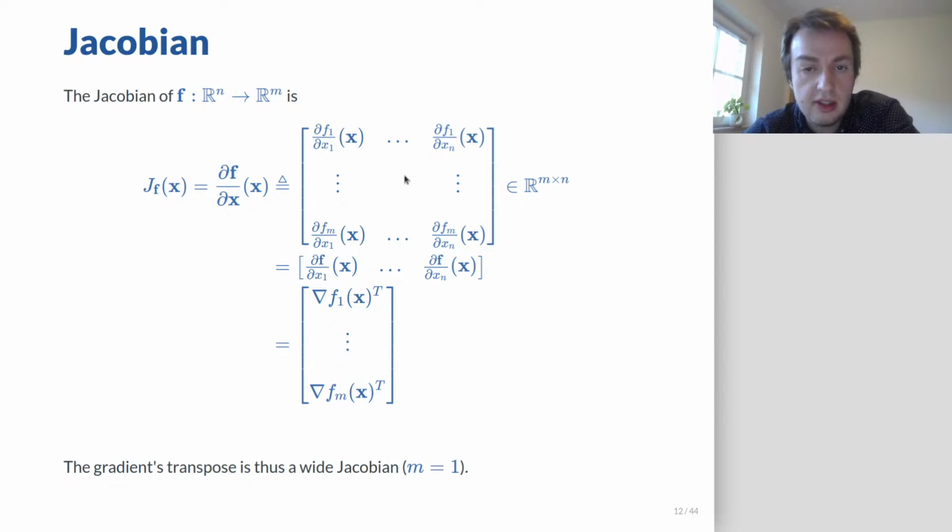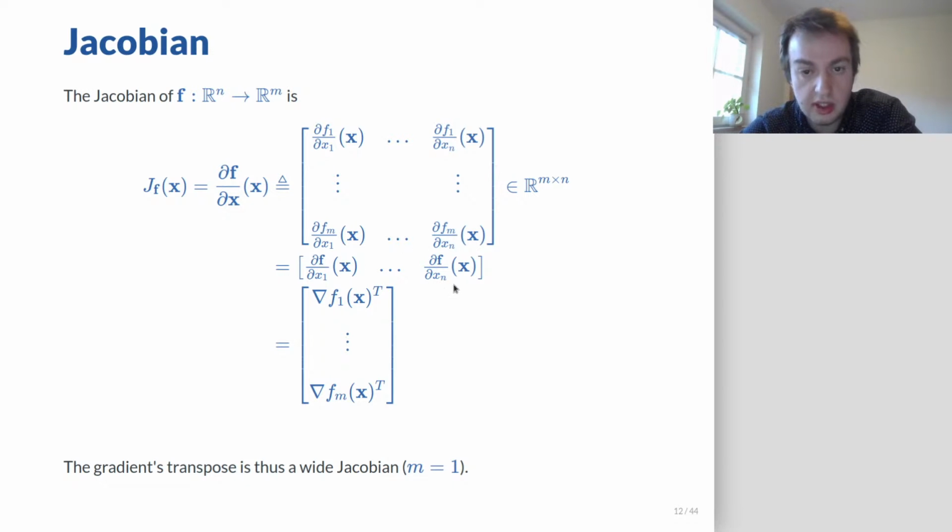And then each entry of this matrix corresponds to a partial derivative. For example, entry ij corresponds to the partial derivative of the output i with respect to the input j.